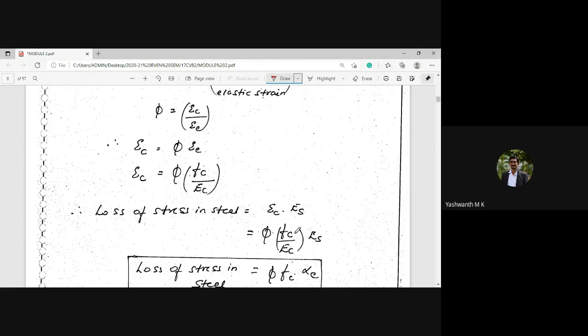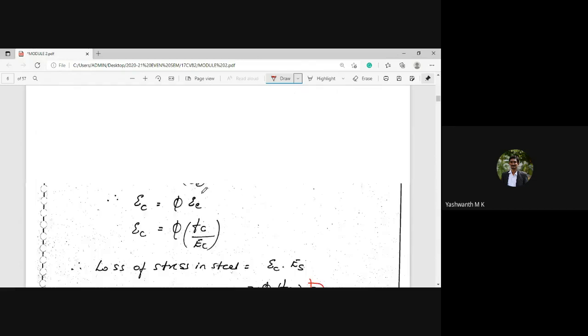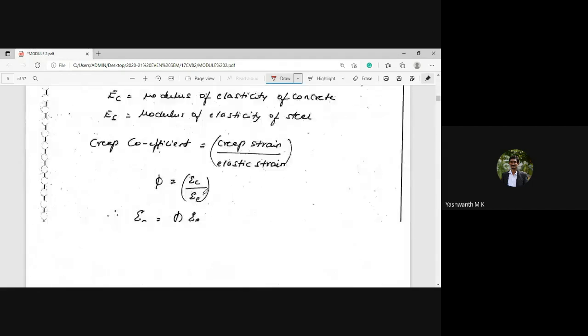Rearranging, we know epsilon c is fc divided by Ec. Substitute that and multiply by Es. We know already the value of Es by Ec, which is alpha e, the modular ratio. So the loss is phi into fc into alpha e. Like this, we calculate the loss of stress in steel due to creep of concrete.